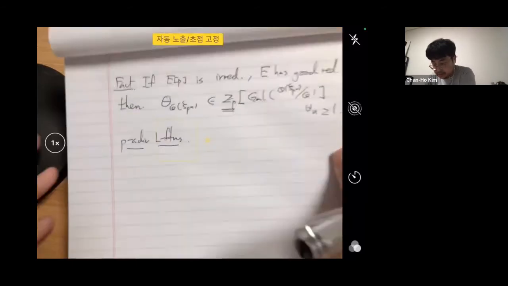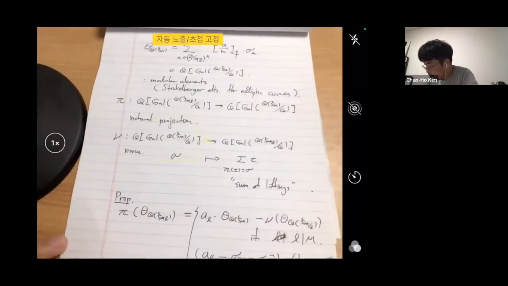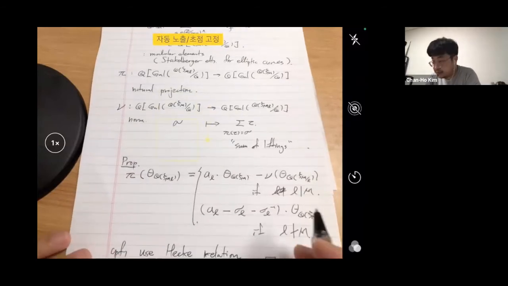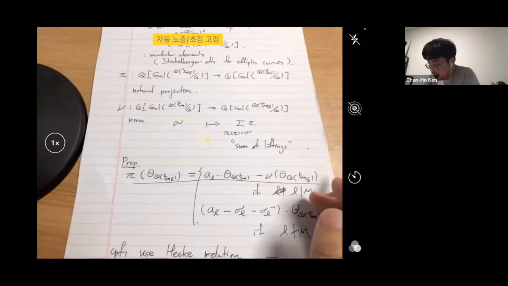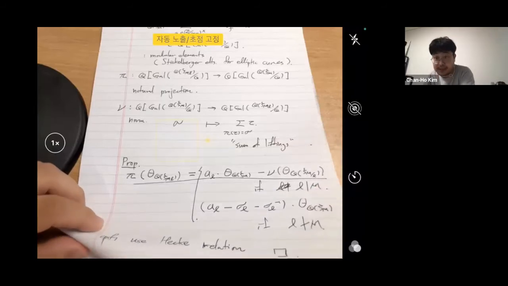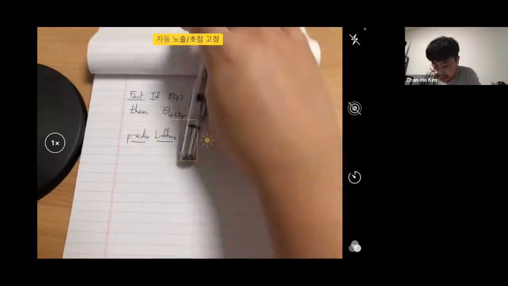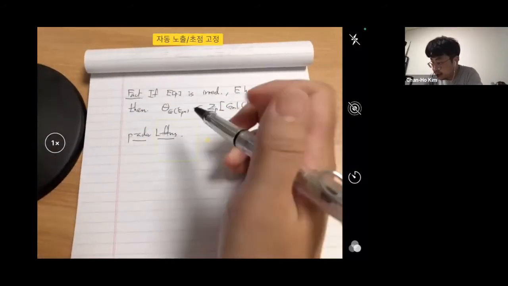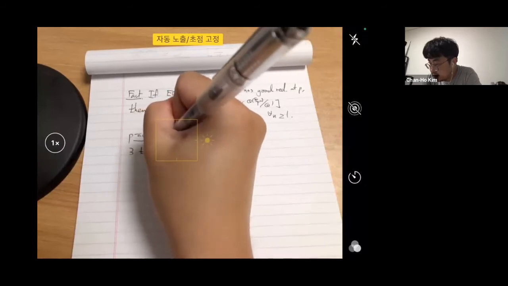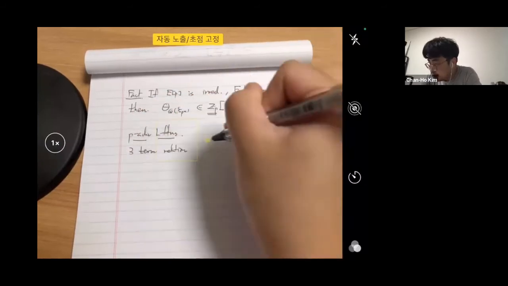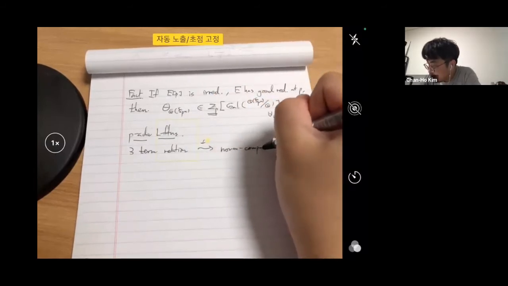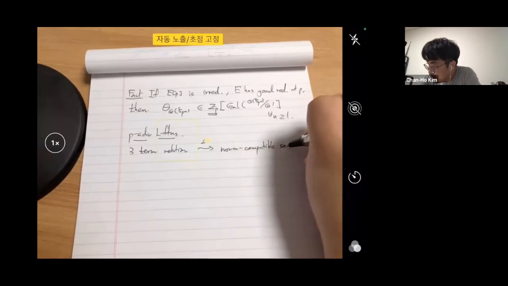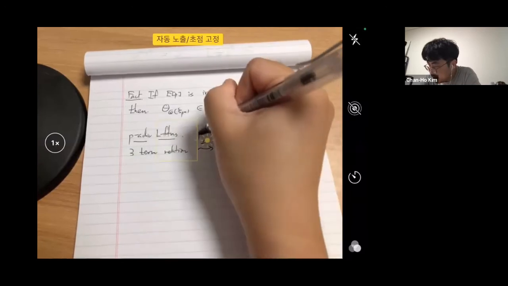And so, okay, we go back to this three-term relation, and we want to modify this to have some norm-compatible sequence. So that's the process of p-stabilization: three-term relation to norm-compatible sequence is the p-stabilization.